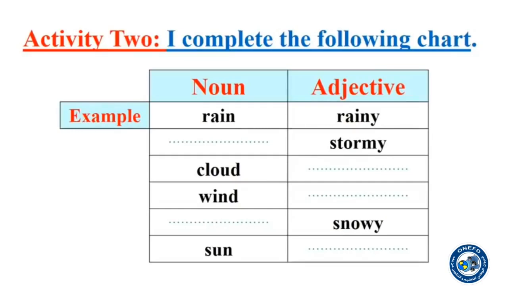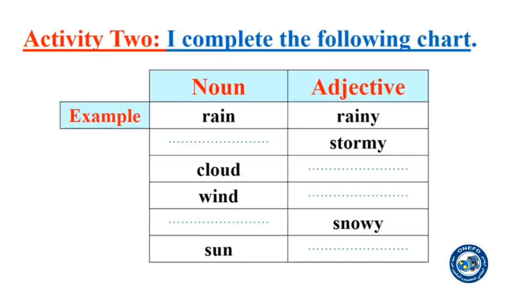Let's take activity 2. I complete the following chart. I say chart or I say table. Like you can see, there is a noun and there is adjective. We are going to complete like in the example. Rain, rainy.